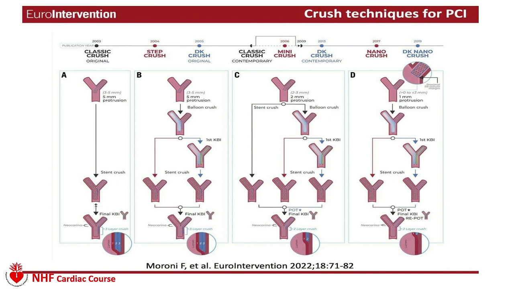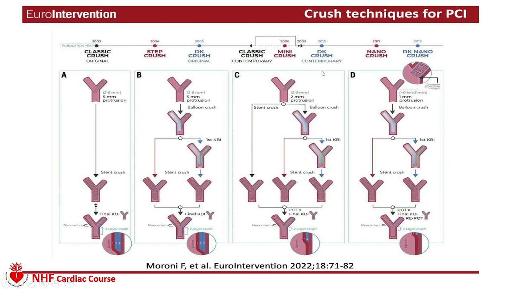So this is a very short chronological history of crush. 2003 classical crush, then DK crush in 2005, which was the original, where the protrusion of the side branch stent was 3 to 5 millimeters. So there will be 3 layers in the distal part of the main vessel.